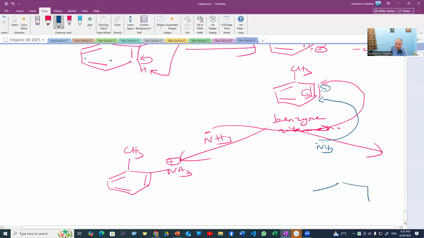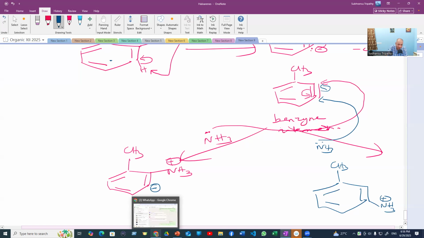So there is equal or maybe some appreciable chance of the nucleophile attacking the benzyne at the adjacent position, to give you this. And now I have not shown you the minus sign here.